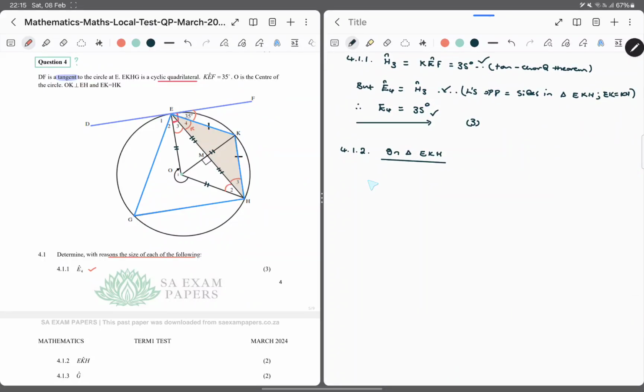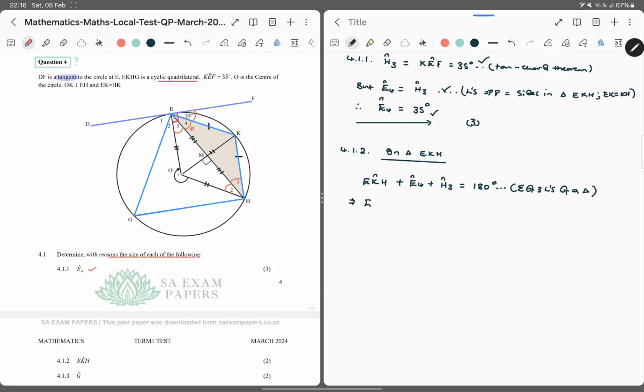We understand that angle EKH plus angle E4 plus angle H3 should give us 180 degrees. The reason is the sum of 3 angles of a triangle, the one we are talking about.